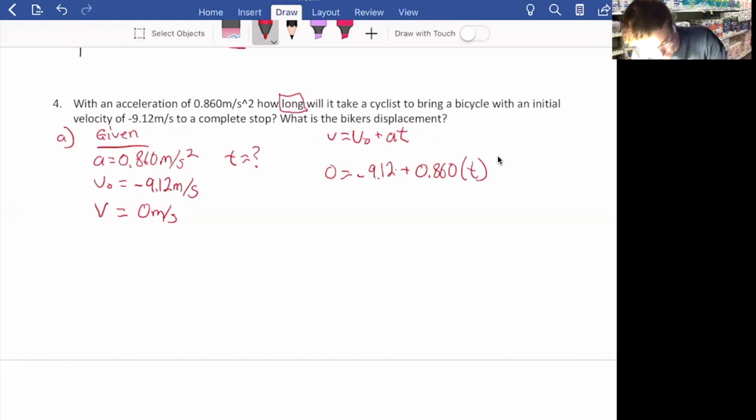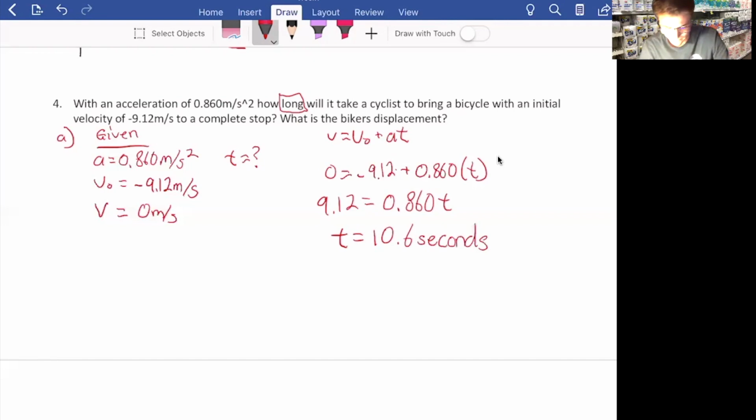So now when we solve, we got 9.12 equals 0.860 times time. And then time, we get around 10.6 seconds.